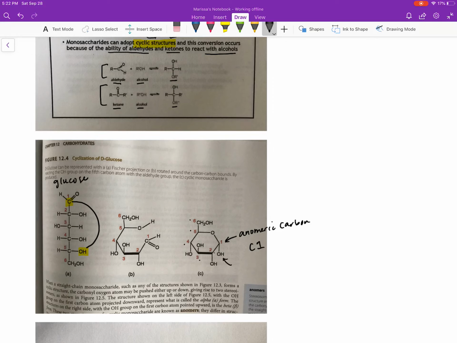I'm not going to ask you to draw from Fischer to cyclic structures, but I would like you to know that it's the reaction of carbon 1 with the alcohol on carbon 5. Carbon 1 is still important. It's our anomeric carbon. Before, we used it to determine whether this was an aldose or ketose, but now we use it to determine something else, referring to alpha or beta.